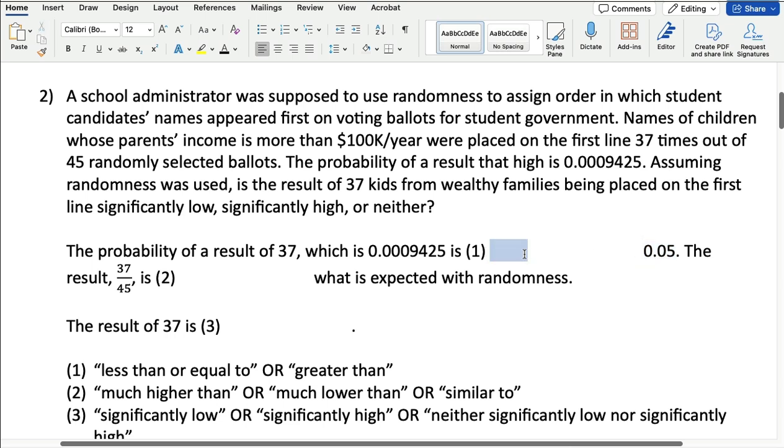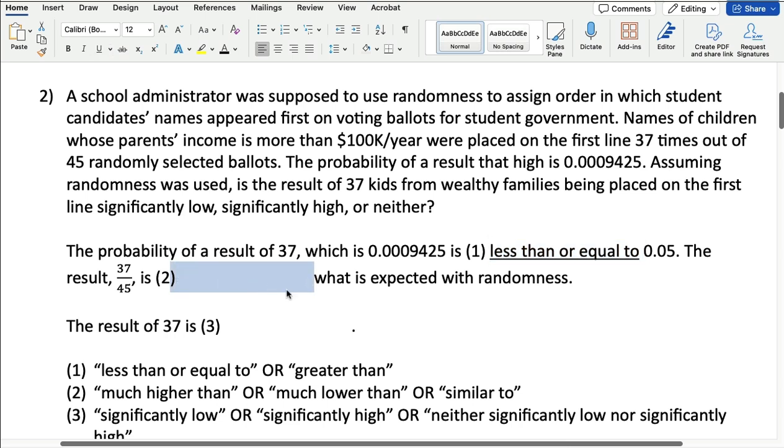And when you compare those two decimal values, you say that 0.00099425 is significantly less than or equal to 0.05. So our choice there would be less than or equal to. The next part of the statement asks whether our result, 37 out of 45, is much higher than expected, much lower than expected, or similar to what was expected.